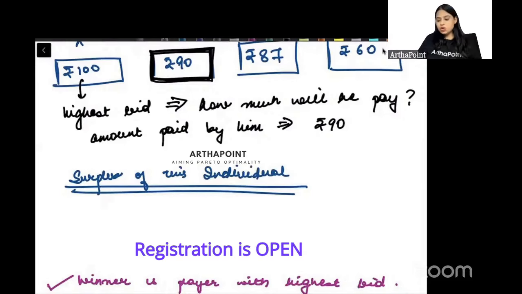Consumer surplus is always the maximum willingness to pay, or the valuation that you have for the product, minus the price actually paid.